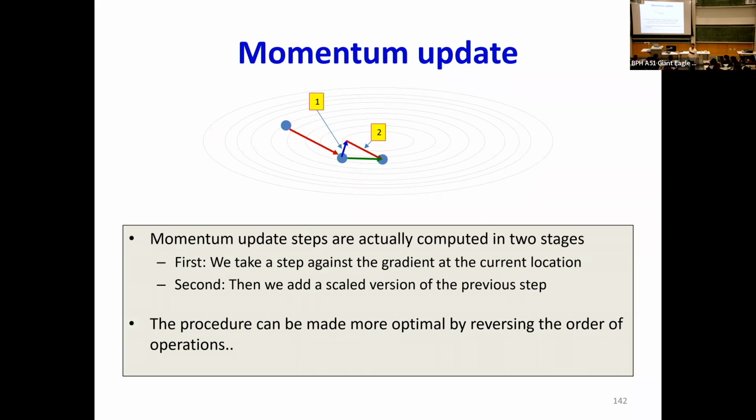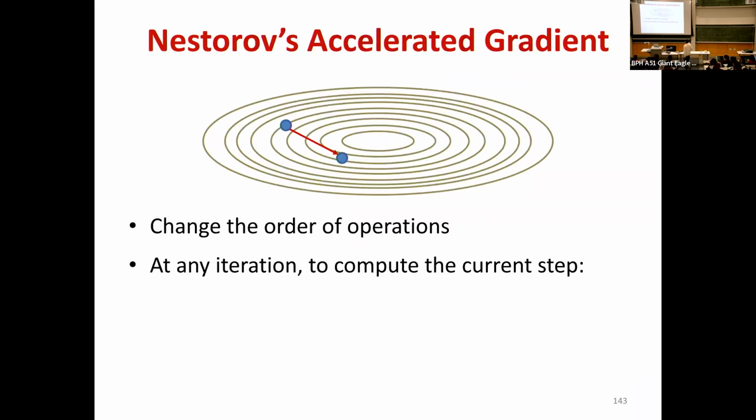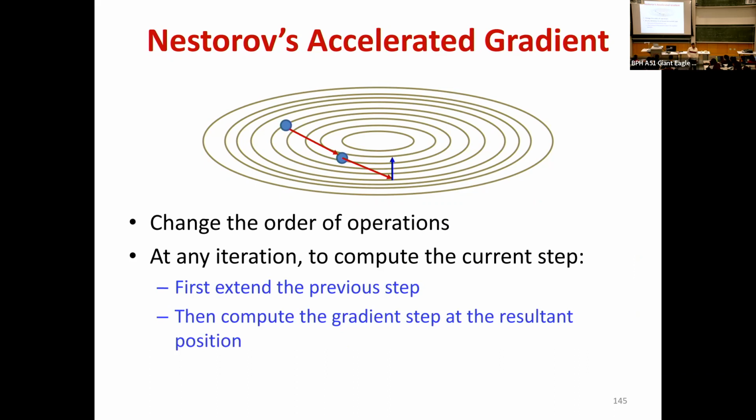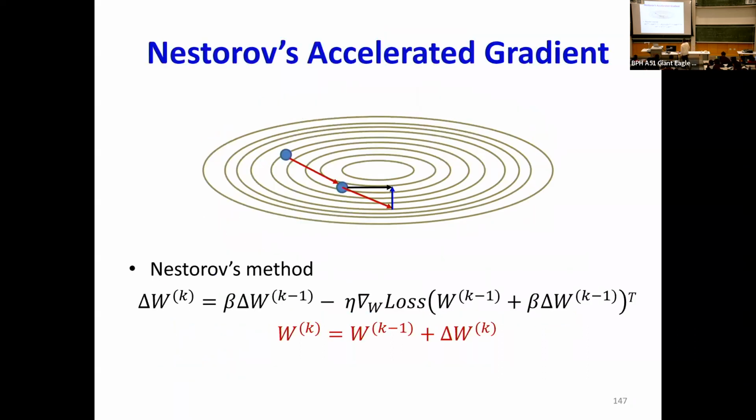So this was how the momentum method was done. If I reverse the order, I first take a step, which is a scaled version of the previous step, and then take a step against the gradient. It turns out this actually ends up being even more optimal. So this is Nesterov's accelerated gradient method, and here's what the formula is.